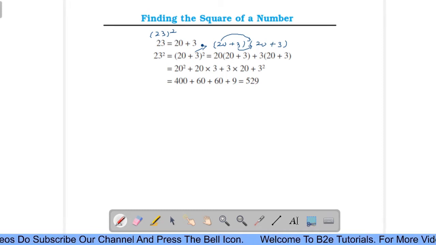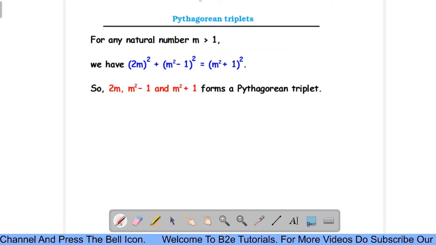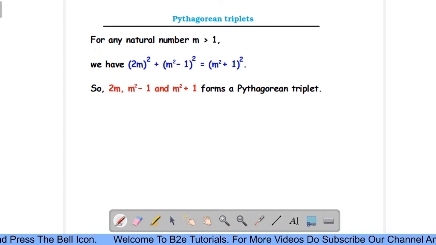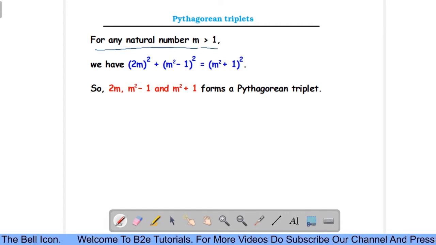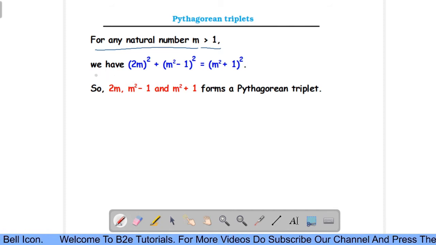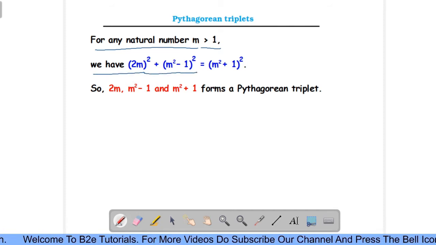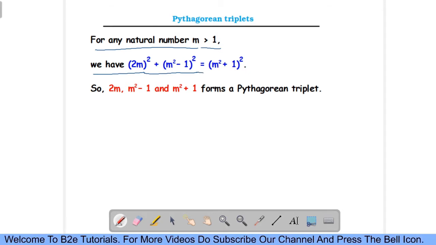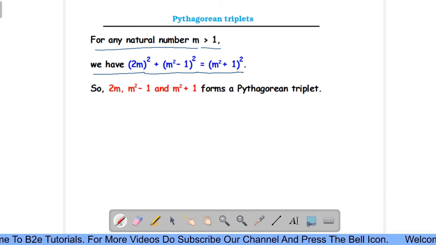Now come to the next. The next topic is Pythagorean triplets. Here, for any natural number m greater than 1, we have (2m) square plus (m square minus 1) whole square equal to (m square plus 1) whole square.